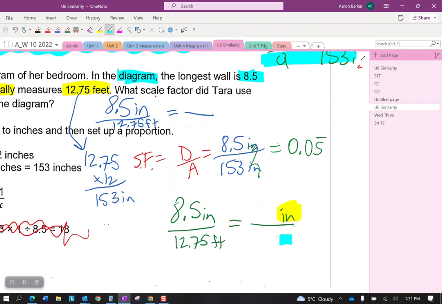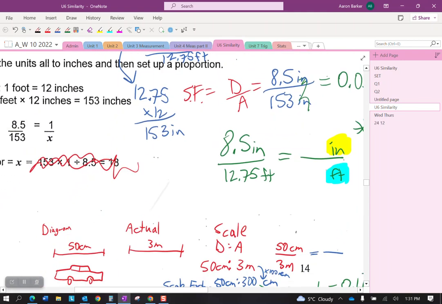And what units would you be finding then on the bottom? Feet. Okay? That's the trick, is you got to remember what units are on top and what units are on the bottom, and it has to stay that way. Any questions? Okay. So let's go down and do the next notes.